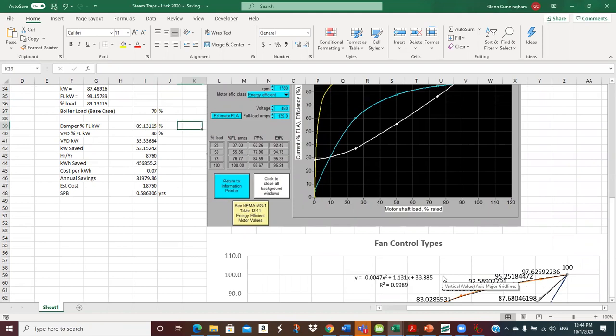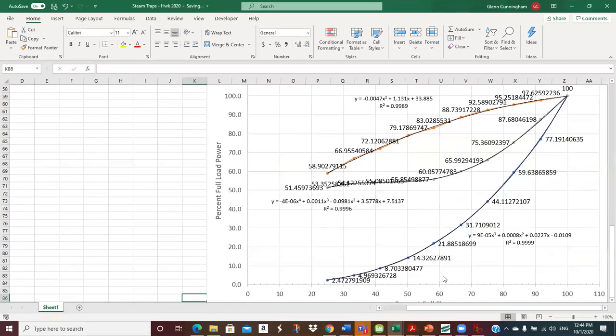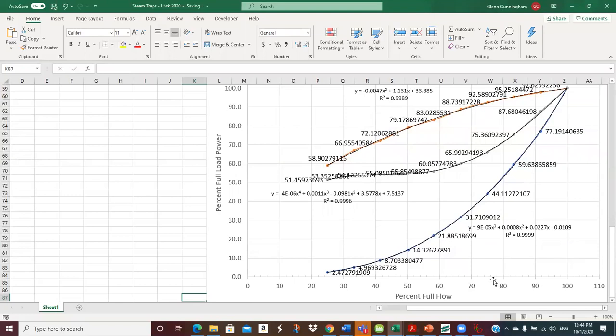But at any rate, if you come down here at 70%, which is what I believe I did, see here's 70%. It's saying that if the boiler load is 70%, that the fan would be 70%, okay? And so at 70%, you say that's going to cross right about there.